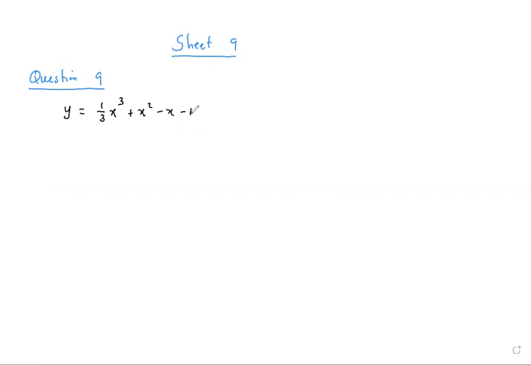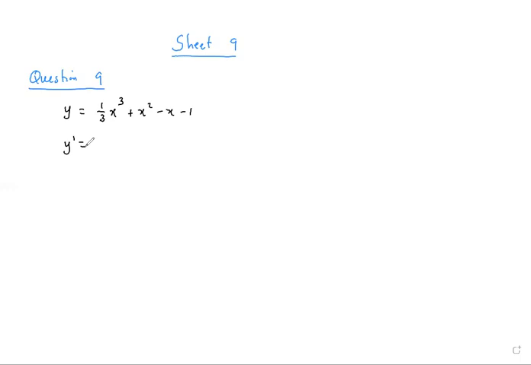your target was the equation of the gradient, which gives us a slope. The gradient is the slope, so the equation which gives the slope is the first derivative. So our target is to differentiate this.